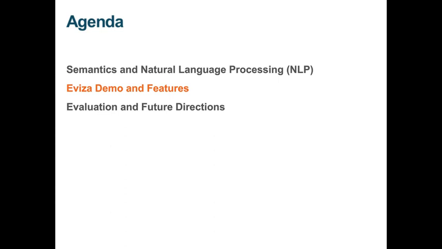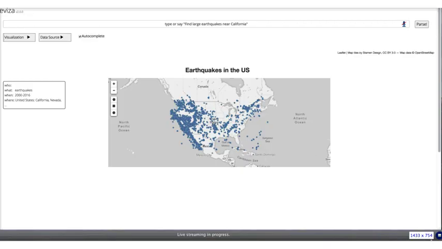So now I will pause and I will move over to demonstrate the prototype. All right, so this is a map of earthquakes in the United States, and I can begin by asking a question about the data. Show me the large earthquakes.